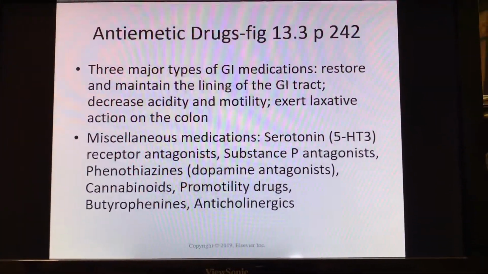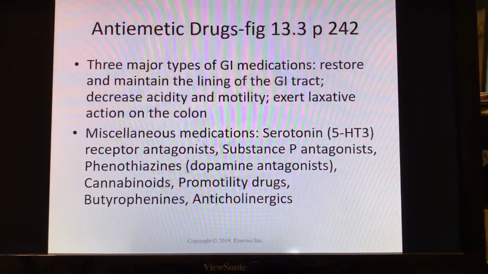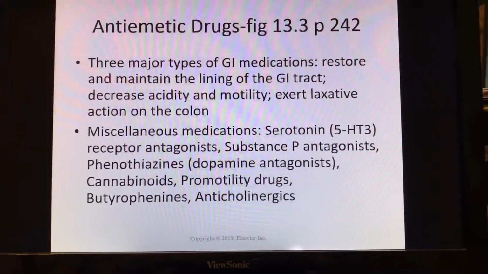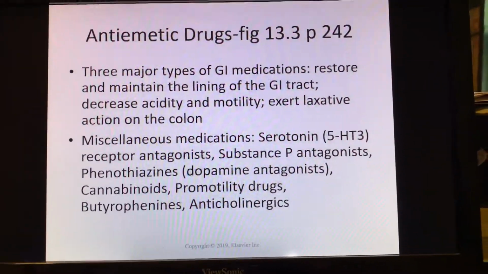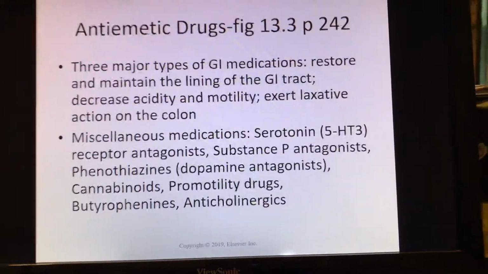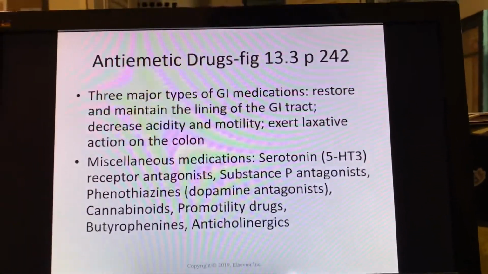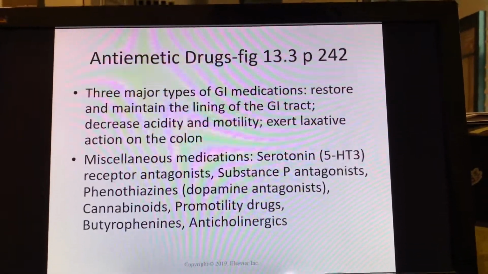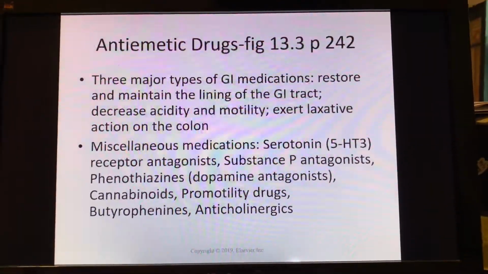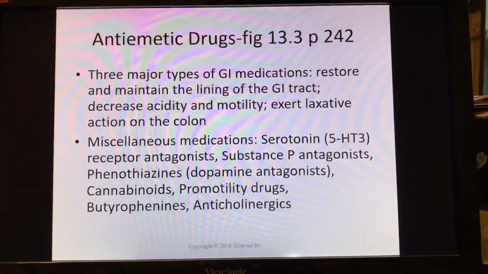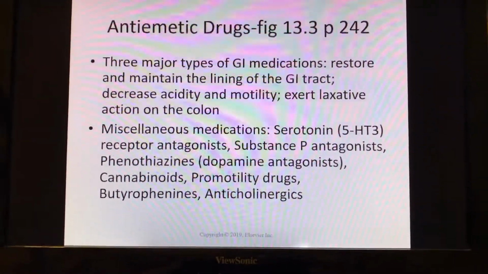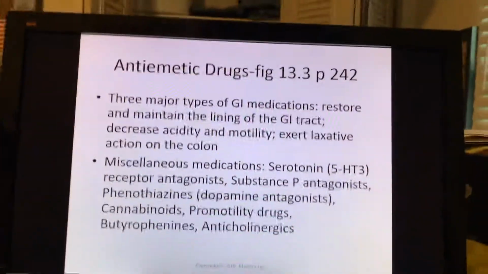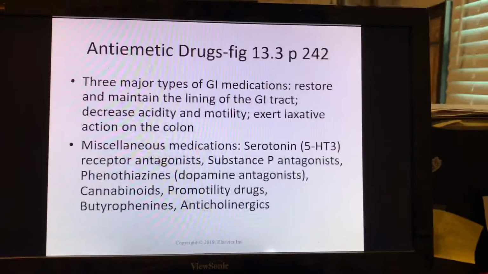Promotility drugs, butyrophenones, and then anticholinergics. And of course, we know where acetylcholine falls. Acetylcholine helps promote proper GI functioning. So if we want to slow things down a little bit, we're going to use an anticholinergic, which has the opposite effect, as we remember.